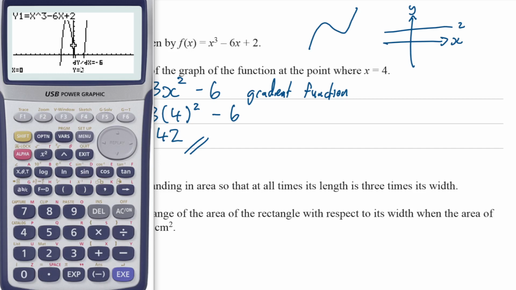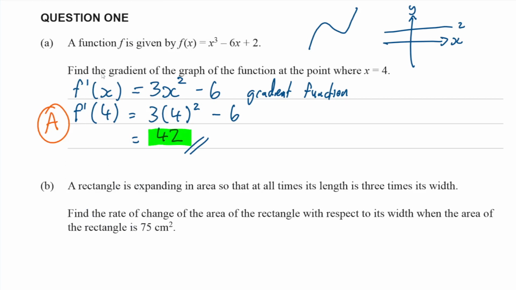It is the gradient. So if I hit 4 and hit execute, when x is 4, y is 42, and the derivative, actually coincidentally, is also 42, which is what we got. So that's a quick way you can check on your calculator. All right, bye.